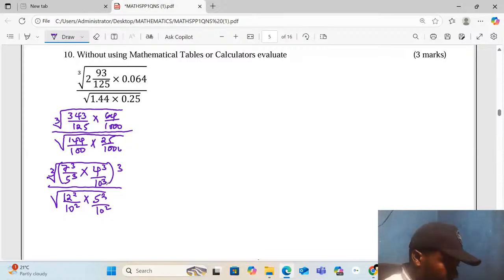That is what it means. The cube is going to cancel with the cube root sign. Same for the square. So this is what I mean.